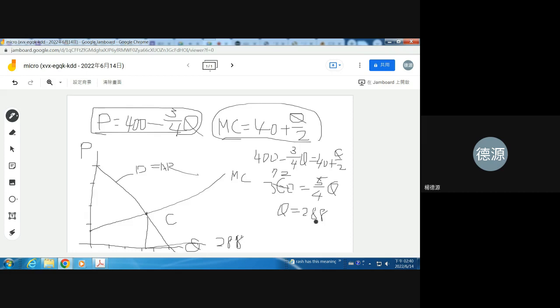If Q is equal to 288, what would be the price? P equals 256. Are you sure? Wait a moment. 34? 34.